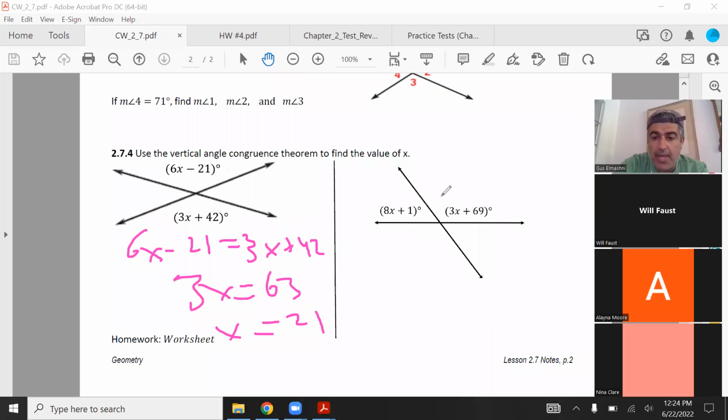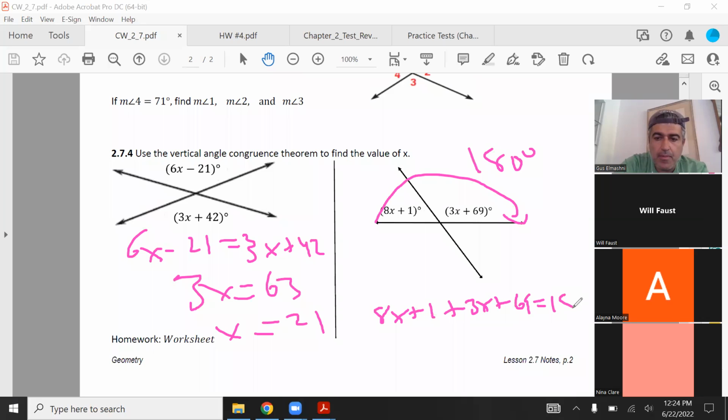Here, these have to add up to 180 because they form a linear pair. So 8x plus 1 plus 3x plus 69 must add up to 180. So 11x plus 70, 11x equals 110, x equals 10.